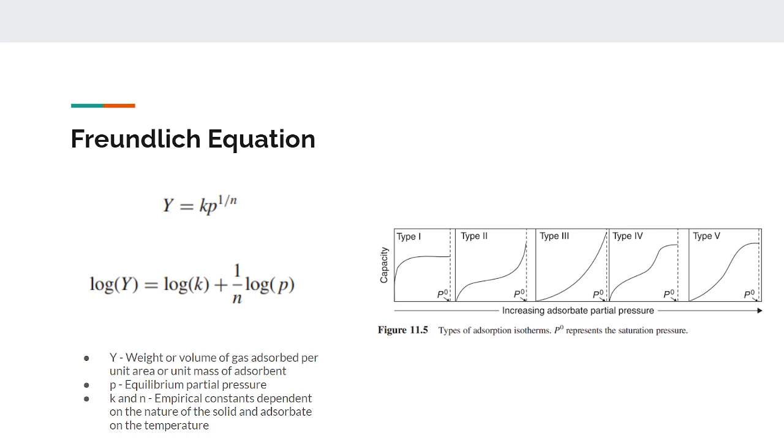And then your P is your equilibrium partial pressure. And then the second equation there, I got these from the textbook, and I'm only guessing that the second one is if you don't want to deal with the exponent.